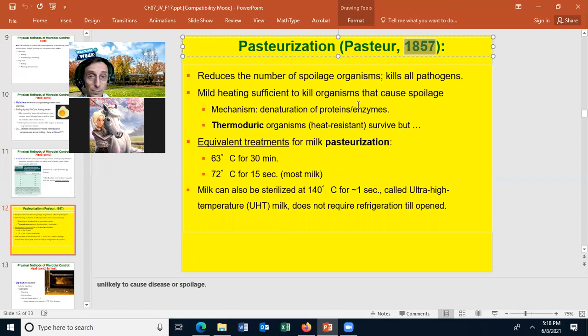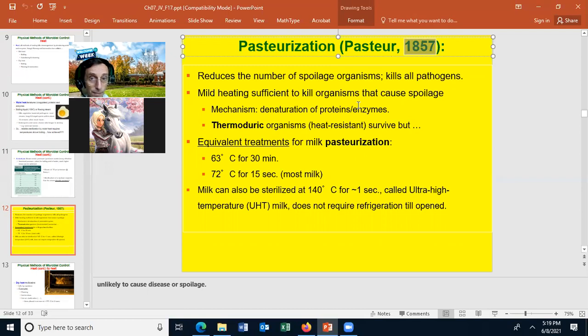Pasteurization reduces the number of spoilage organisms in the pasteurized item. It kills generally all pathogens, but it does not kill all microbes. It's mild heating, sufficient to kill organisms that cause spoilage. The mechanism is by denaturation of proteins and enzymes.